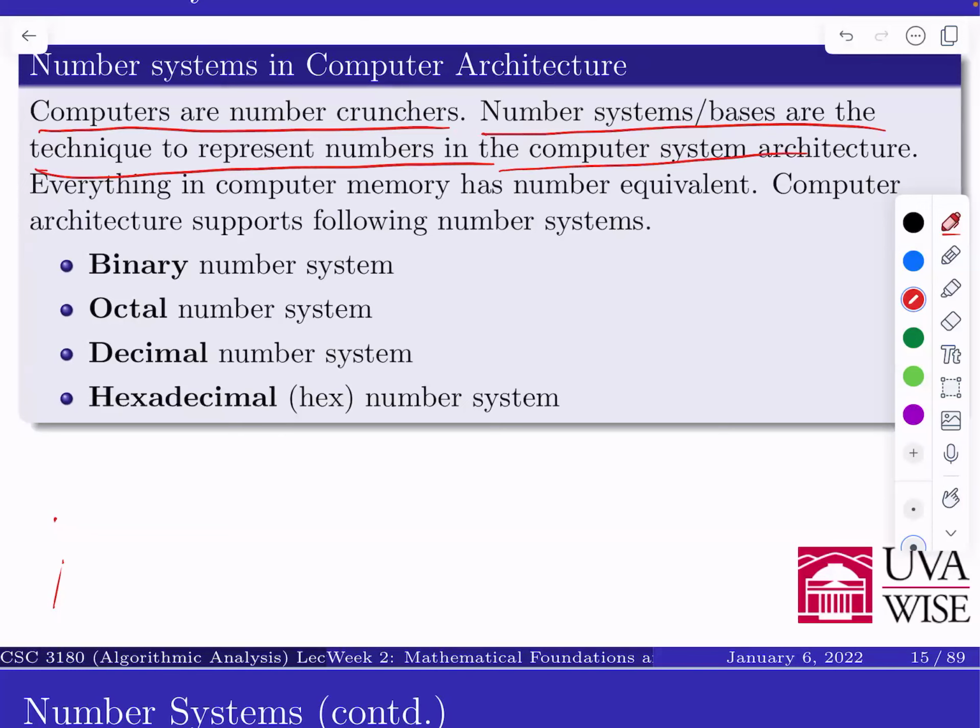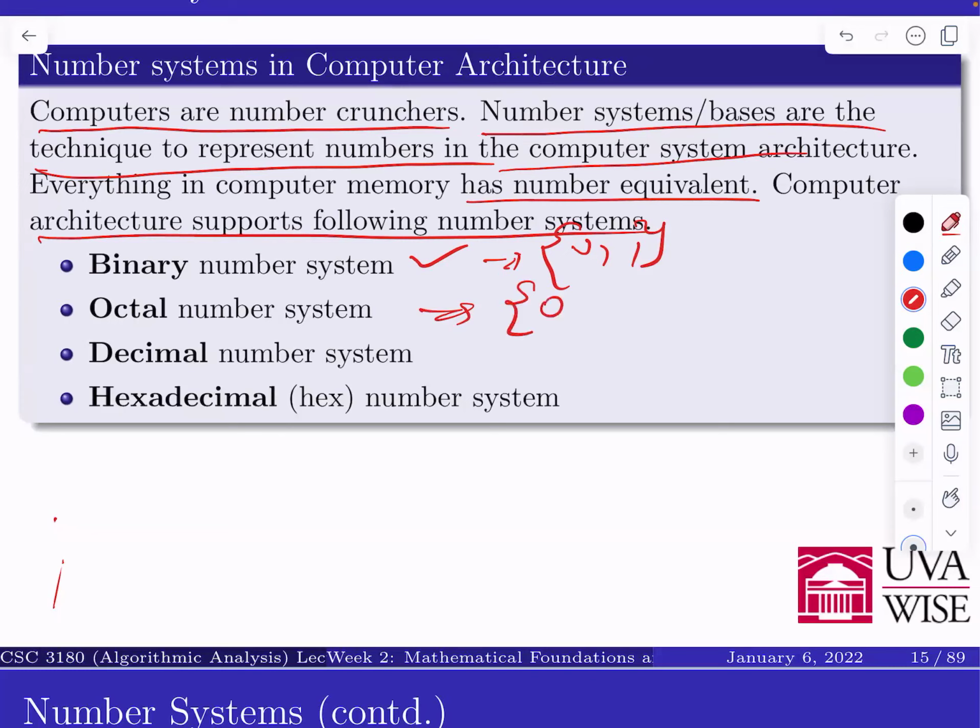Everything in computer memory has a number equivalent. So computer architecture supports the following number systems: binary system, which is made up of bits, zeros and ones; octal system, which is made up of 0 to 7, base 8.